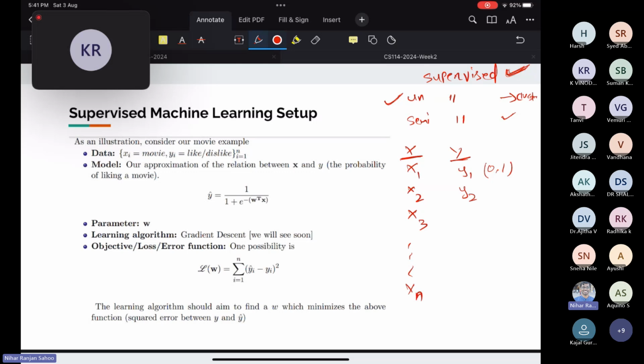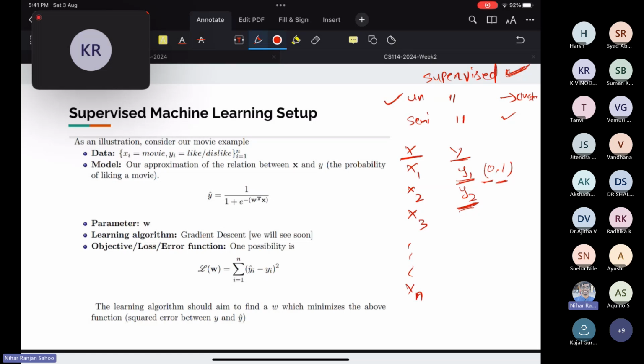We know there are 10 digits, so it is a 10-class problem, and the possible values for each y will be 0 to 9. If it is just sentiment classification focused on positive and negative sentiment, the possible classes are only 0 or 1. So depending on the task at hand, the range of values for y will change.